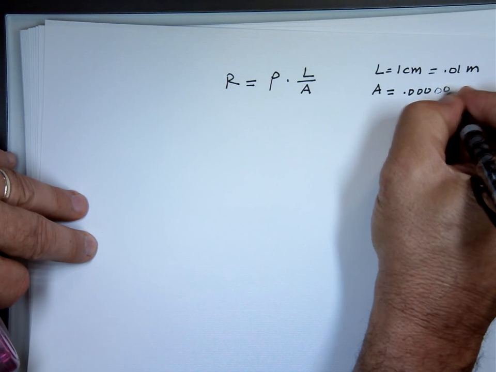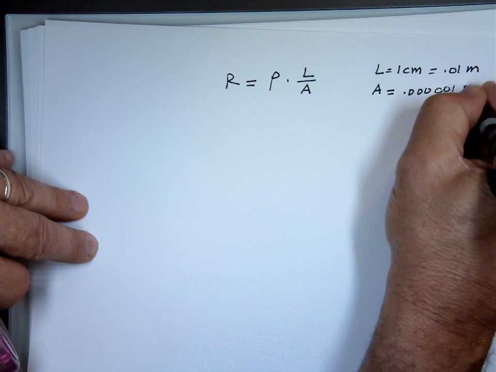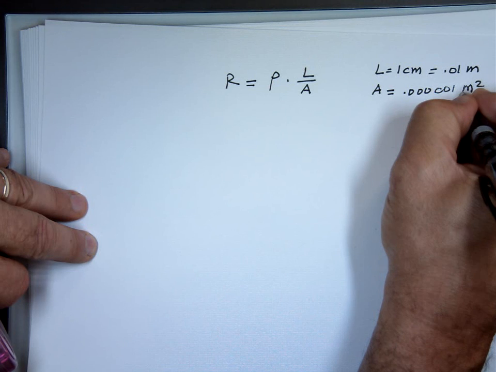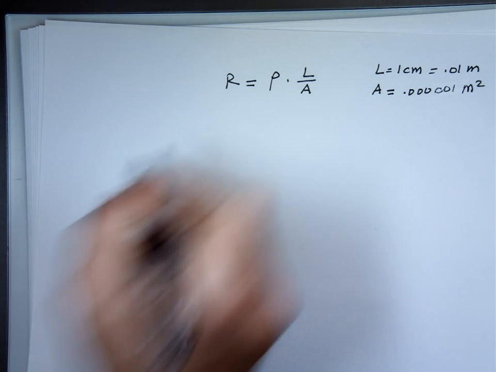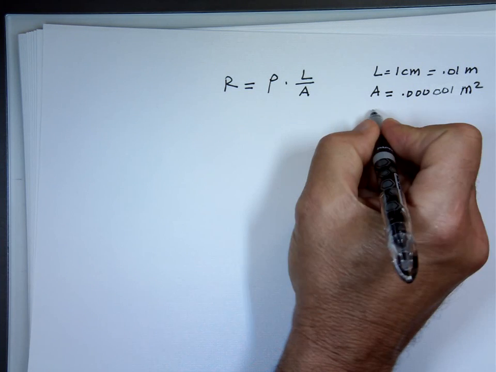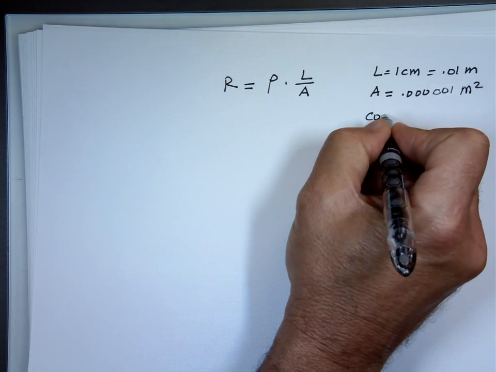Make it small. And let's say I use for that, inside of it is copper. I fill the inside, or the wire made out of copper. What is R for that?